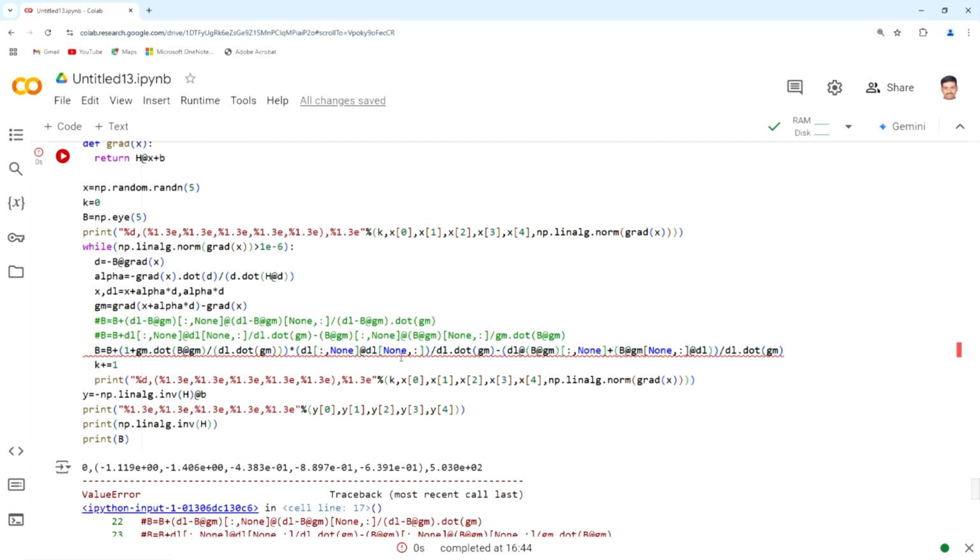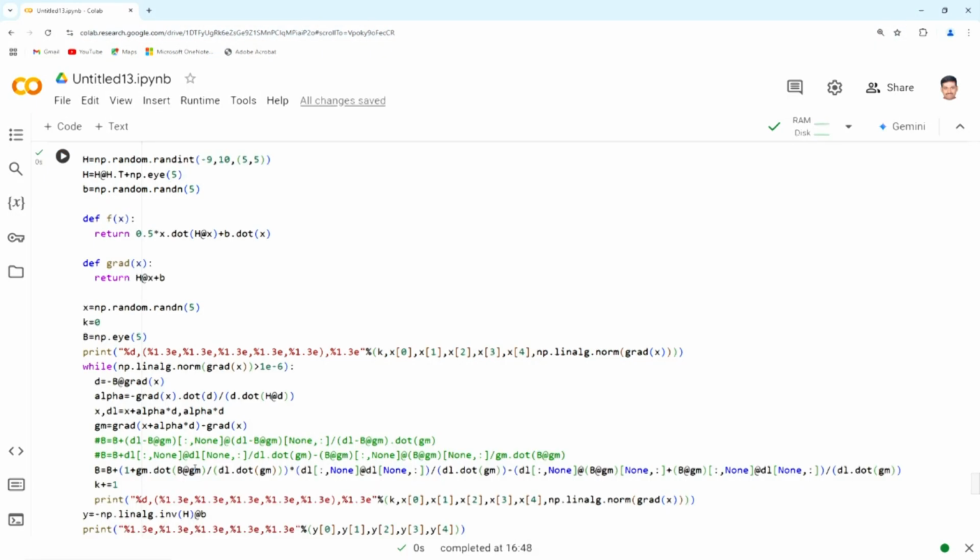This is delta delta transpose, that is fine, and this is gamma transpose B. So we write the update step for BFGS: B_{k+1} is gamma transpose B gamma by delta transpose gamma into delta delta transpose by delta transpose gamma, and here we have delta gamma transpose B plus B gamma delta transpose, by delta transpose gamma.